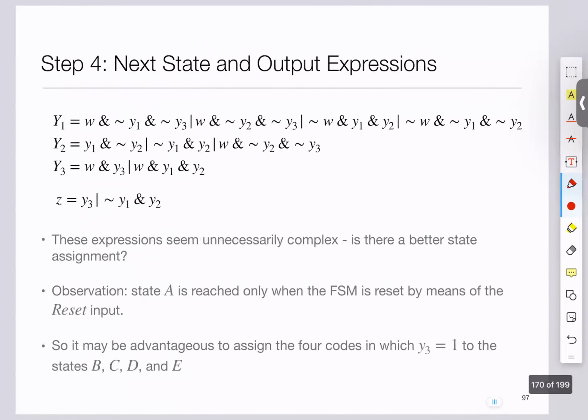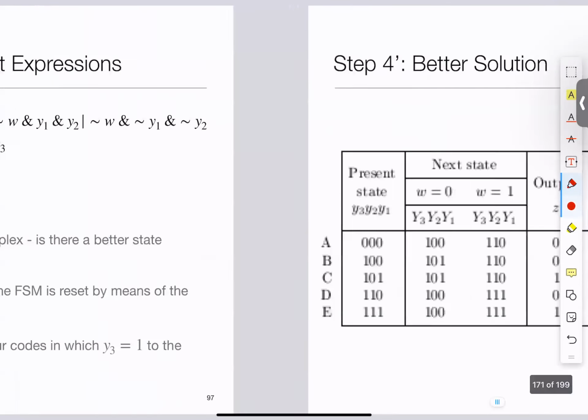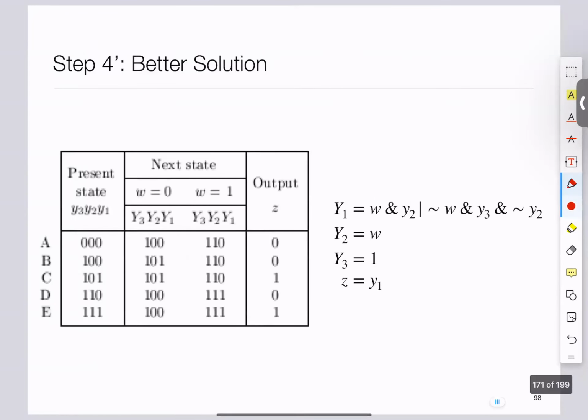In this case, it turns out if I assign the states this particular way, 000, 001, 010, 011, and 100, I get a much more complicated result. If on the other hand I assign state A to be all 0 and B, C, D, E, the remaining states, to have the first bit be 1, I have a much simpler solution.